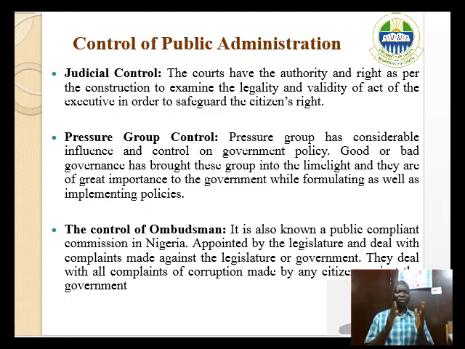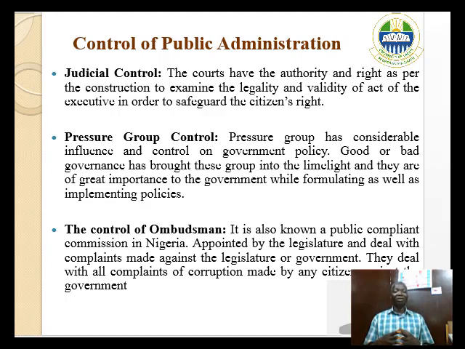And when we talk about the judiciary control, the court has the authority and the right as per the constitution to examine the legality and validity of acts of the executive in order to safeguard the citizens' rights. There must be checks and balances.